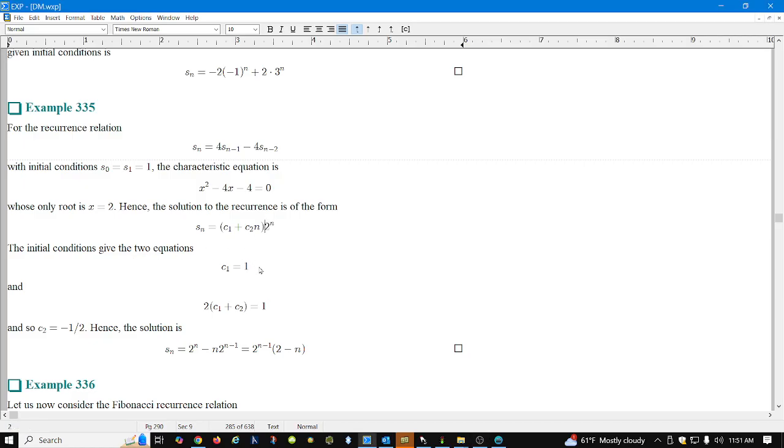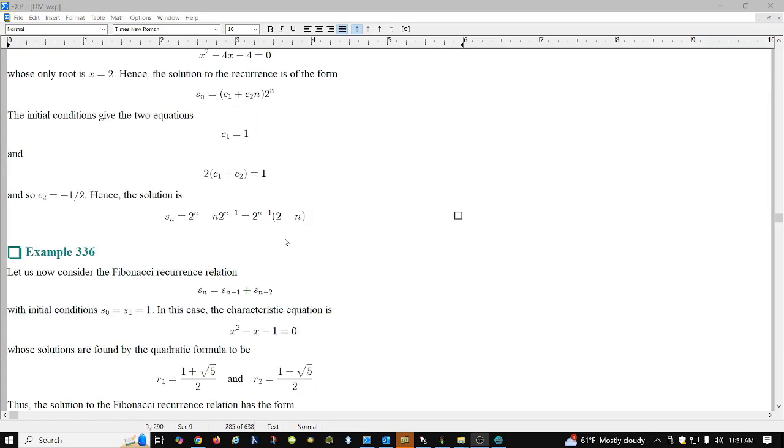And the initial conditions, again, give two equations in two unknowns. So here we have the general solution. It's always wise to stick this into the original recurrence, make sure you didn't make any algebraic mistakes. Something that I am prone to do, by the way.